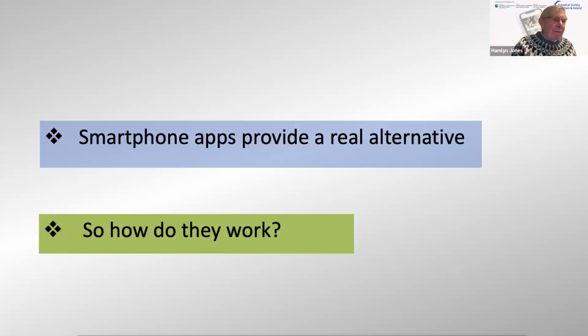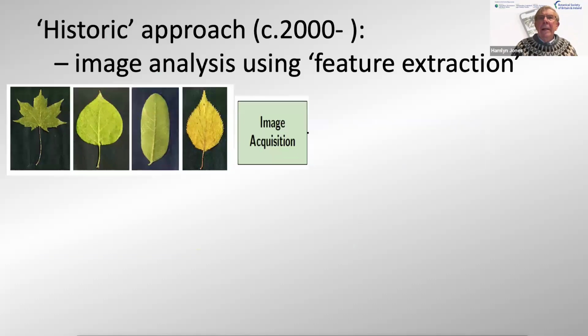So I thought I'd briefly introduce a little bit of background to the use of smartphone apps and how they work. Until the 1990s, we had no computer recognition available.